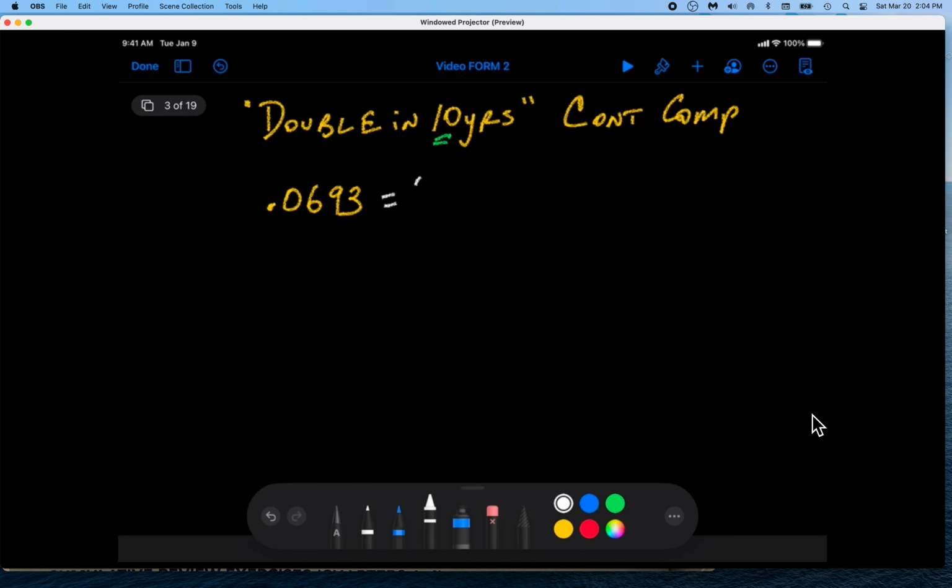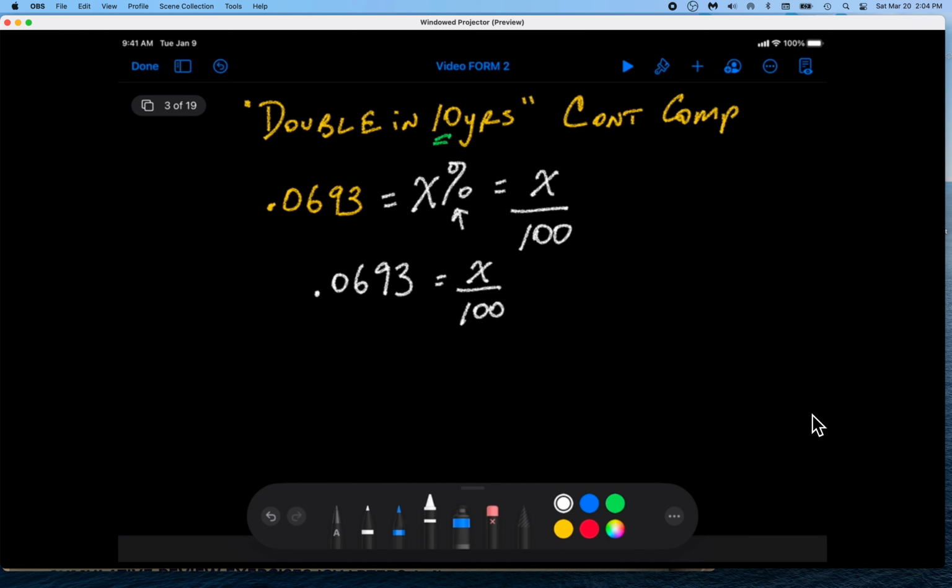0.0693 equals x percent. Whenever you see the percent sign, you replace that with division by 100. So now we have 0.0693 equals x over 100. Put a hidden 1 here. Whenever you have two fractions facing each other with an equal sign in between, it is an invitation to cross-multiply.